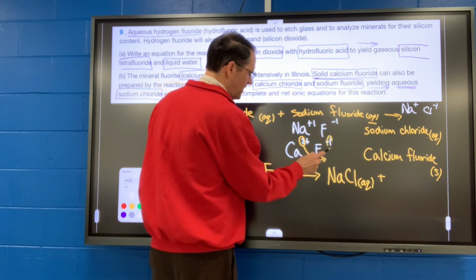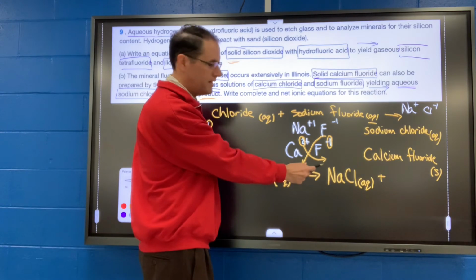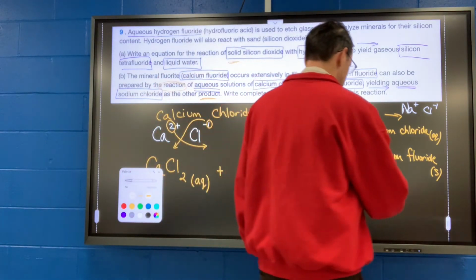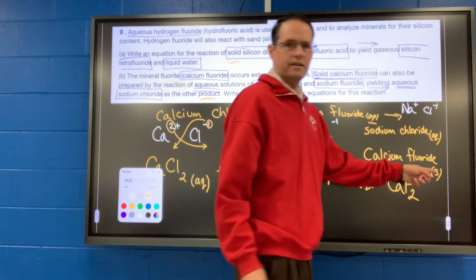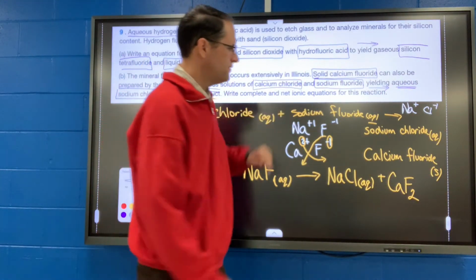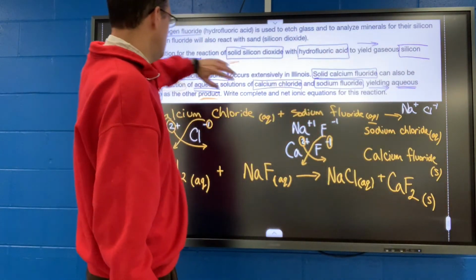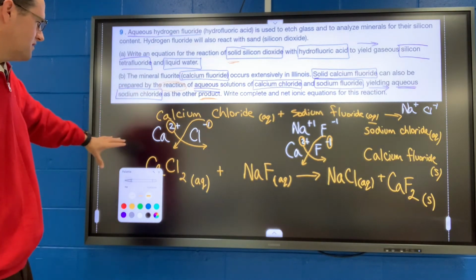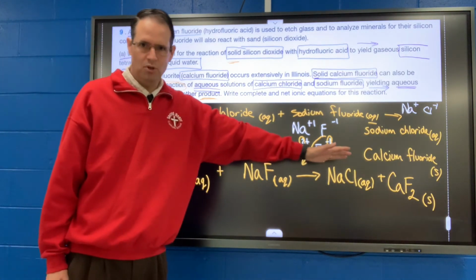So it's going to be CaF2. The 2 comes down to the bottom right of the fluorine. And it's solid. We know it's solid because it says it here in the word problem, solid calcium fluoride. So all of that jumbly goop up here can be translated into very succinct chemical symbols and a reaction.